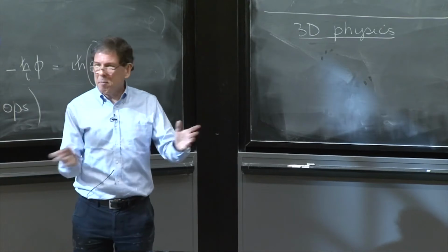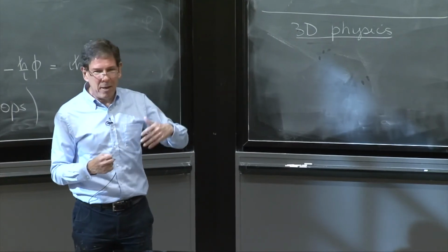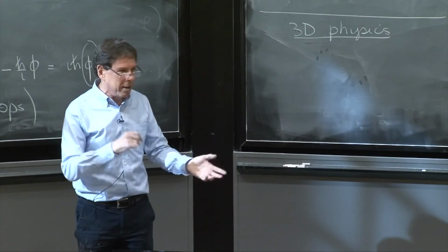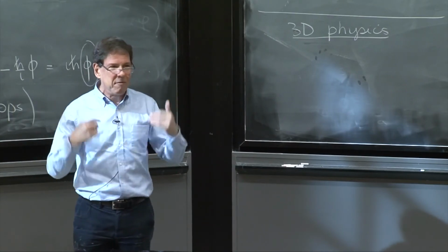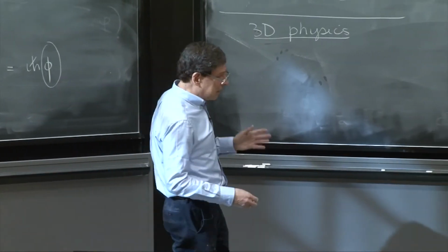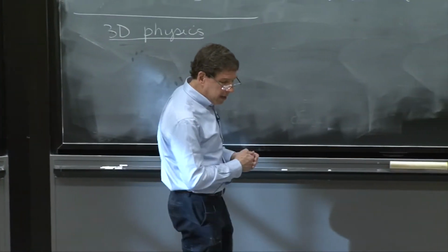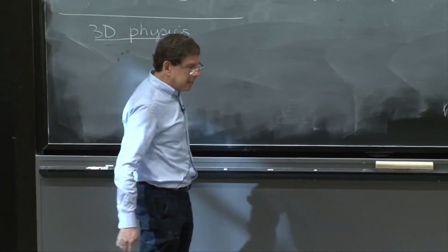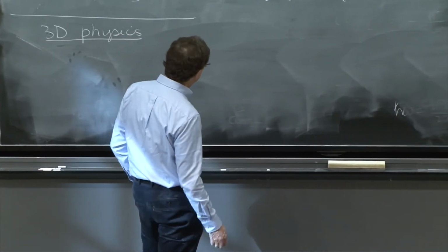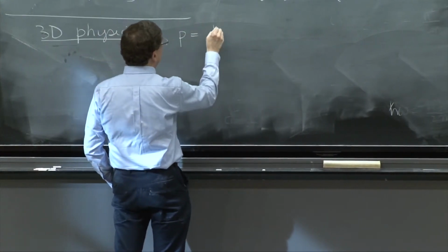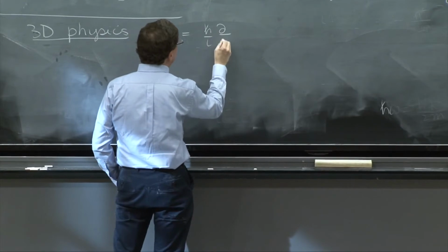I want to, from the beginning, show you the 3-dimensional thing and have you play with 3-dimensional things and with 1-dimensional things so that you don't get focused on just 1 dimension. The emphasis will be on 1 dimension for a while, but I don't want you to get too focused on that. So what did we have with this thing? Well, we had p equals h bar over i d/dx.